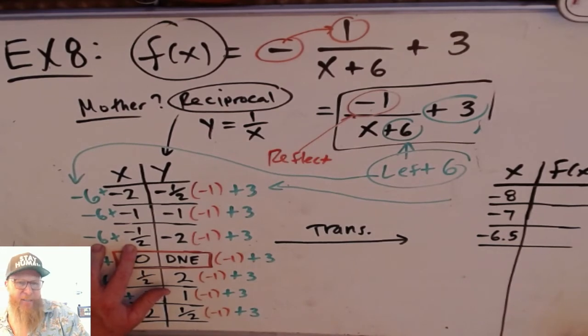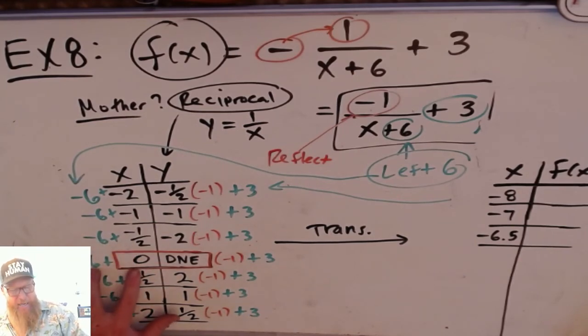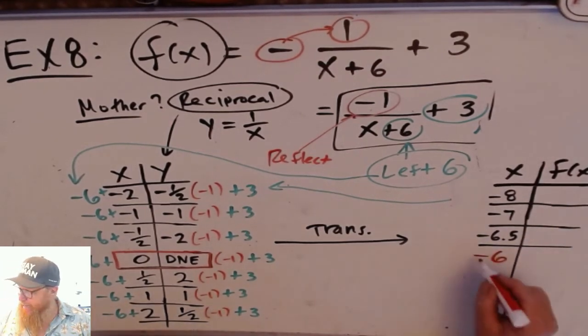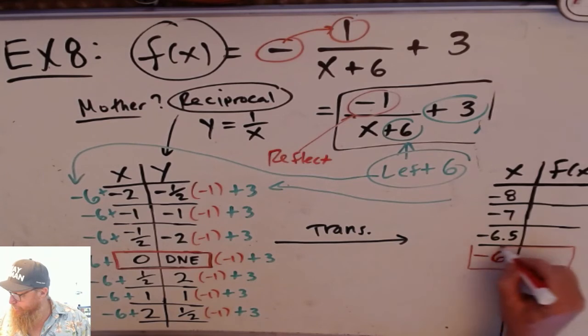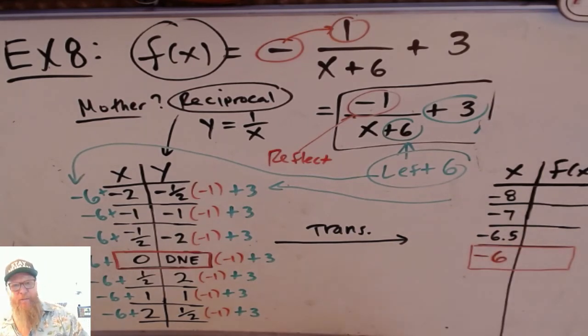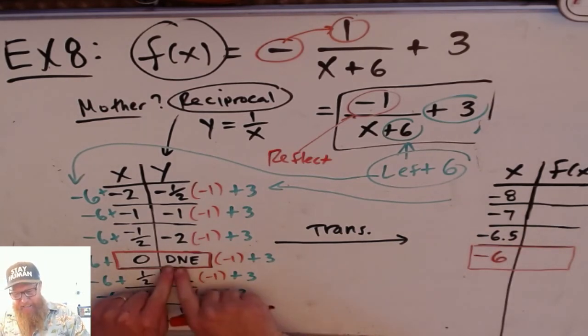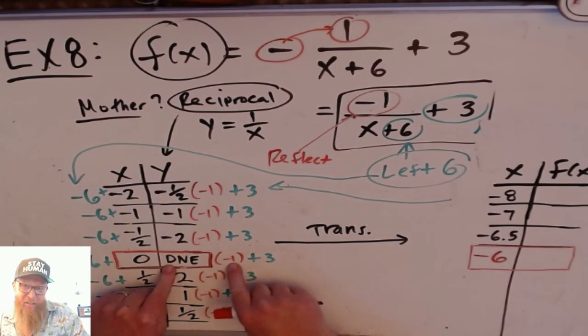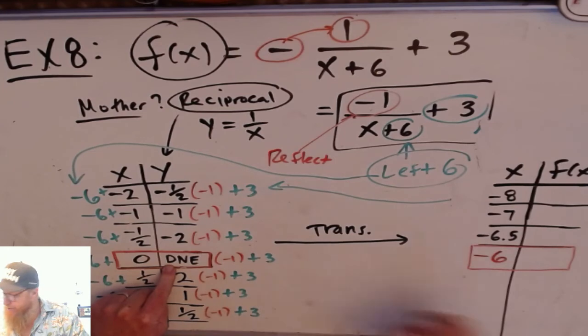When I'm dealing with halves, I like to just use 0.5. It's so much easier to write. -6 plus 0. I'm going to call that -6, and I'm actually going to write it in red because that's going to be my asymptote. All right. DNE times -1, it's still DNE, and then plus 3.